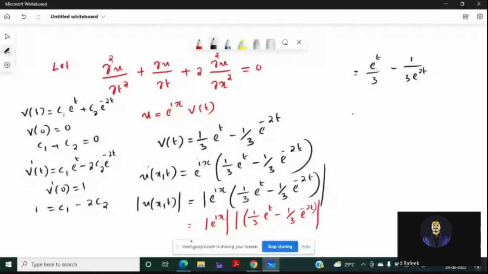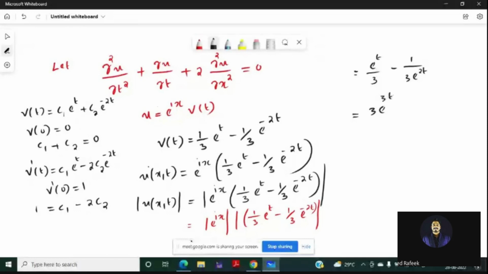Taking 1 by 3 e raised to t as common, e raised to 3t divided by e raised to 2t is e raised to t, minus 1 by e raised to 2t.